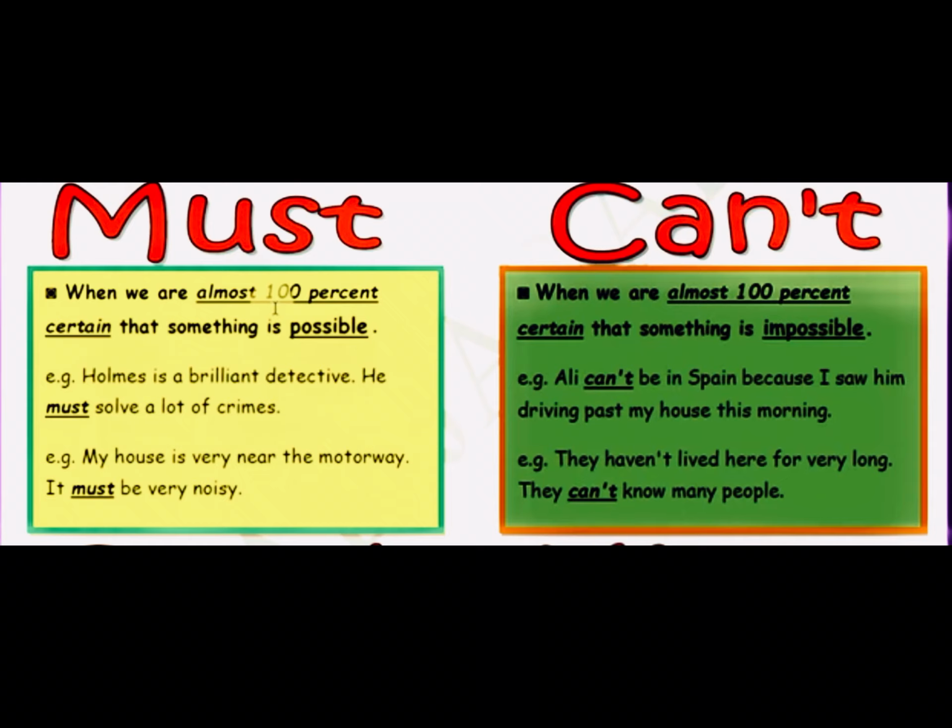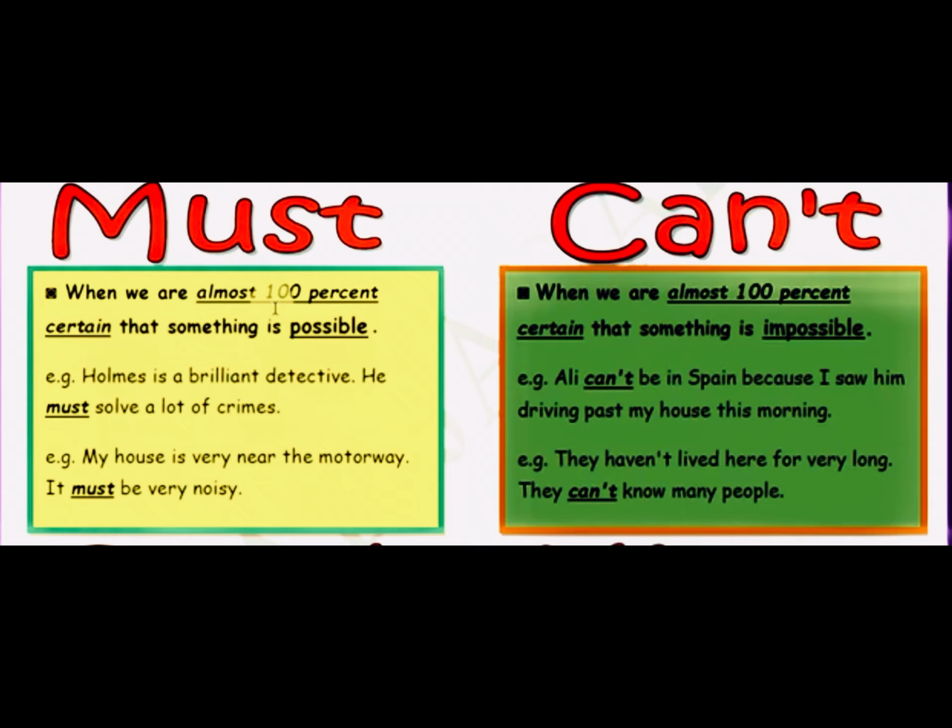So I have an example here for you, and it says Ali can't be in Spain because I saw him driving past my house this morning. So he is 100% sure that he cannot be in Spain because he saw him. Seeing someone, you are sure that this person is not absent.